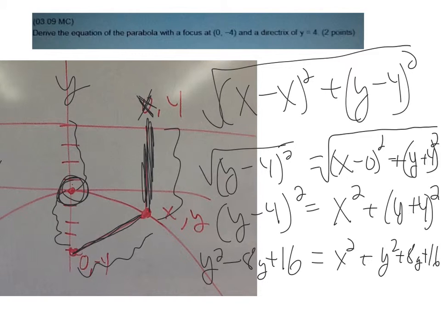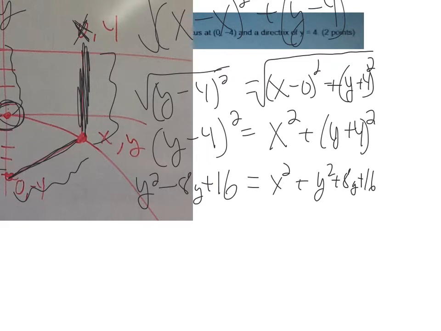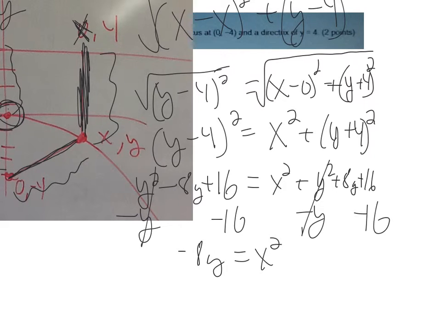And now we want to solve this. When we're all done, we're going to have something equal to y, right? If I subtract y squared from both sides of this equation, that's gone. I can subtract 16 from both sides, and that's gone. That leaves me negative 8y equals x squared plus 8y, and I want to subtract 8y from both sides to get y by itself.